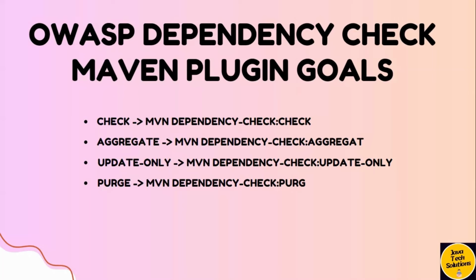Whenever any vulnerability occurs, it should fail the build, because if we don't say that forcefully, it will show the build as a success with the report generated. For this plugin we need to provide a configuration so that the build fails whenever any vulnerability is found. We can also provide a threshold, which I will show you how to define, so that the build fails only after a certain number of vulnerabilities is found.